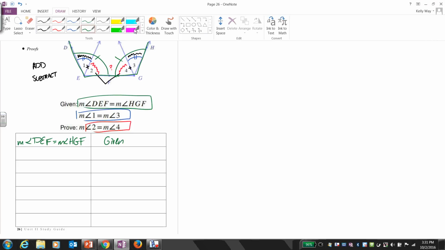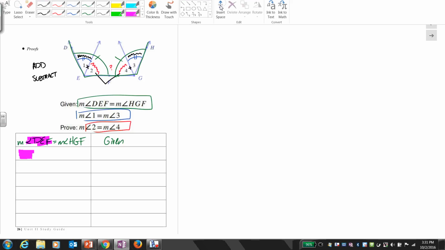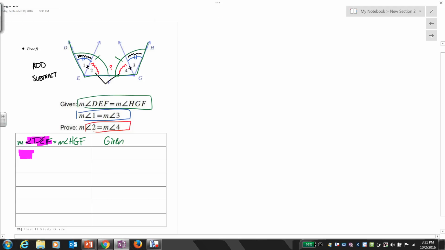Now, we're going to ask ourselves, what's true about DEF? What's a true statement we can make about DEF? And the true statement is the fact that angles 1 and 2 add up to a measure angle DEF equals measure angle 1 plus measure angle 2. That is called angle addition.